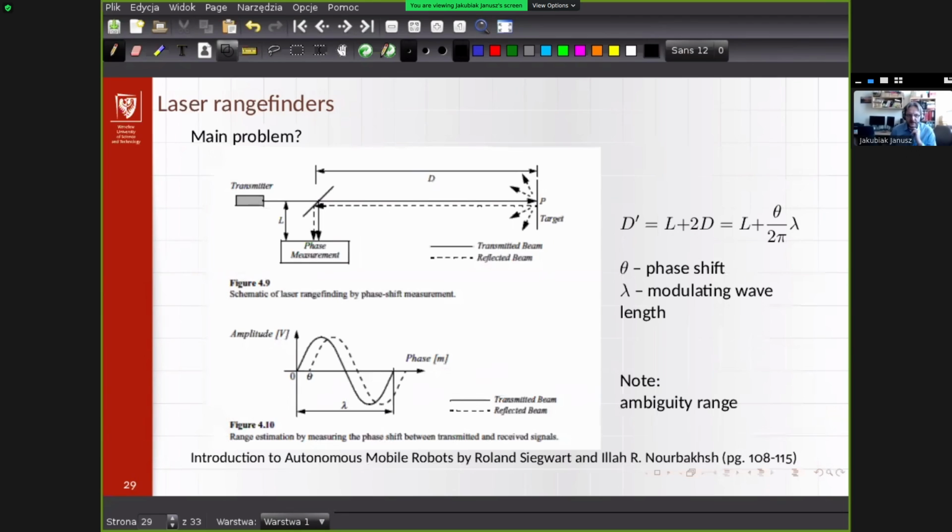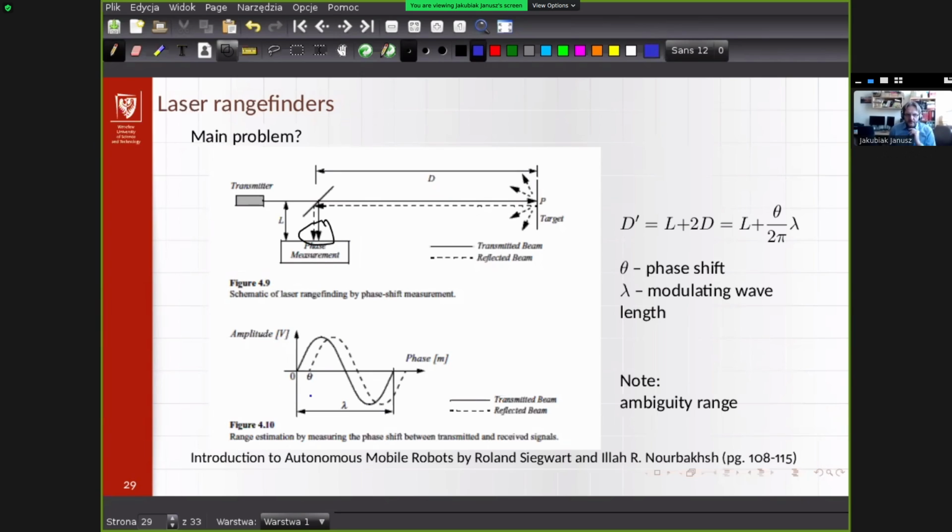On the other hand, you have the reflection from the target returning back, and the second beam goes again to the phase measurement. And here you compare both of them, the transmitted beam and the reflected one.